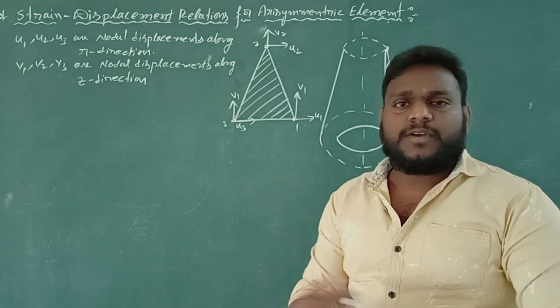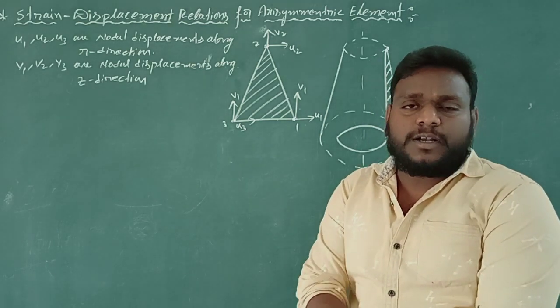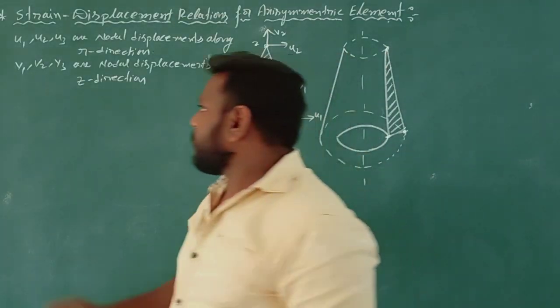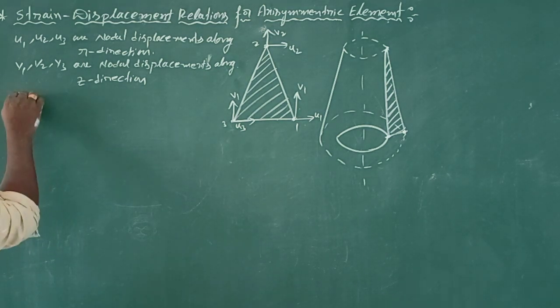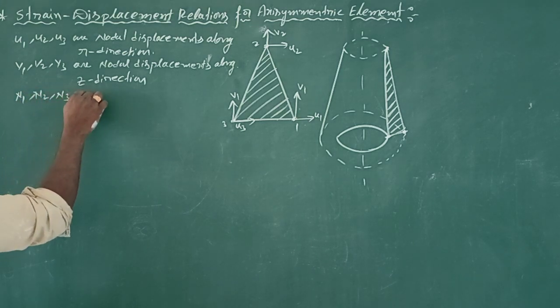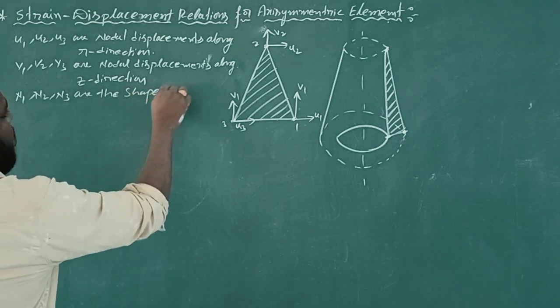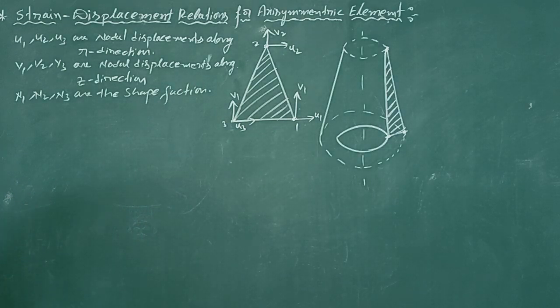All revolving components in a machine are axisymmetric elements. V1, V2, V3 are the nodal displacements along the z direction, and N1, N2 and N3 are the shape functions for this system.